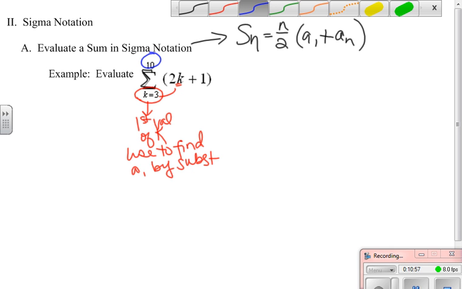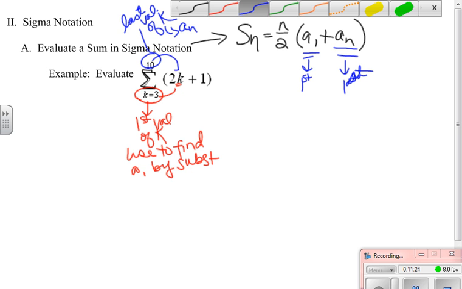This number that's on the top is the last value of k. So that really gives you that last term, the An for this formula. Because remember, the formula uses the first and last term. So when you substitute 10 in and work it out, that gives you the last term in the series.